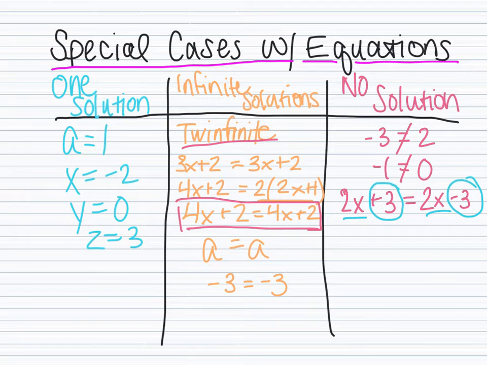No matter what you do to 2x, if you add 3 and minus 3, they'll never be equal. If you were to try and solve this, we could subtract 2x from both sides to get our variables together. And these would cancel, and we would be left with 3 equals -3. Well, 3 does not equal -3.